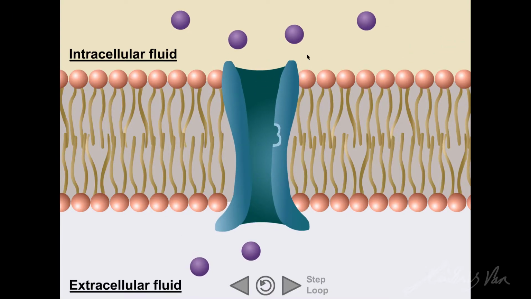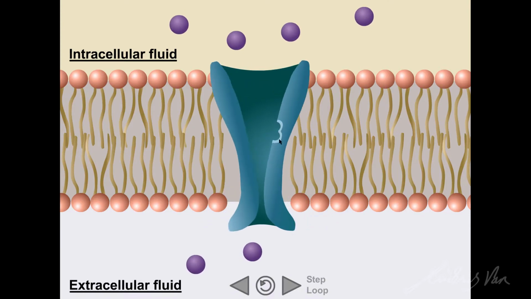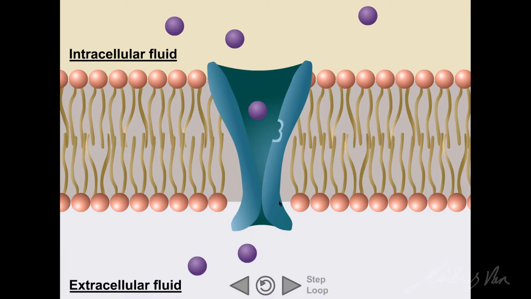Then the phosphate will also unbind from the channel protein and get released. So other molecules will not be able to bind to the binding site.